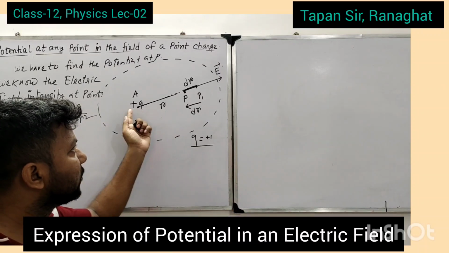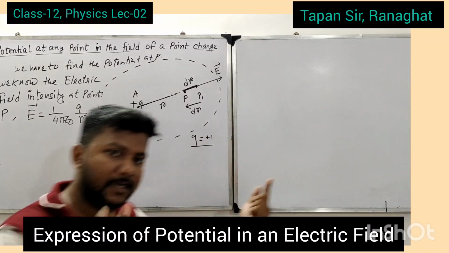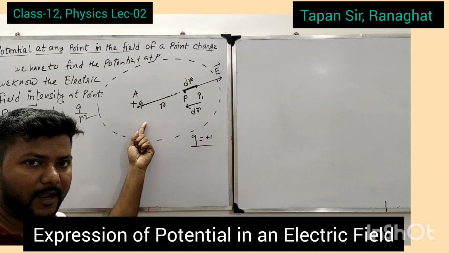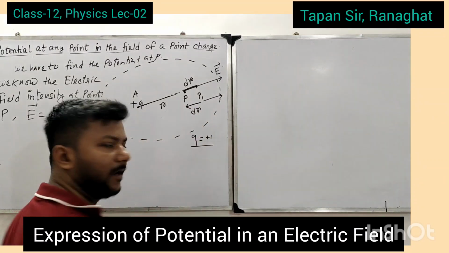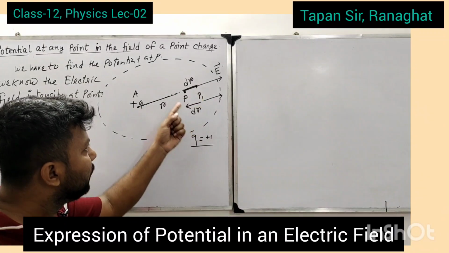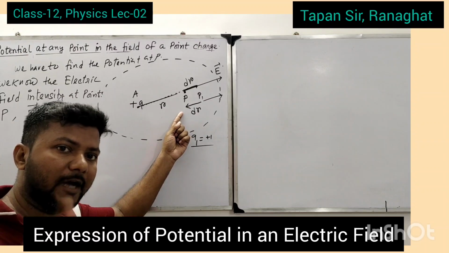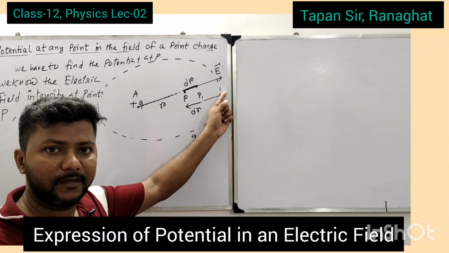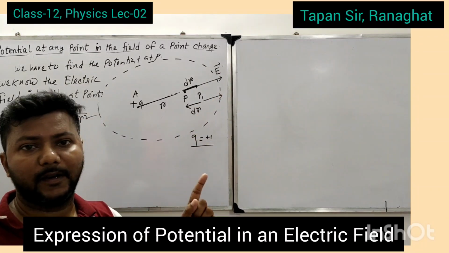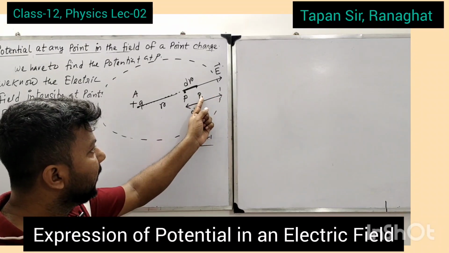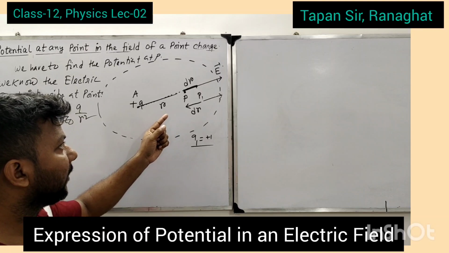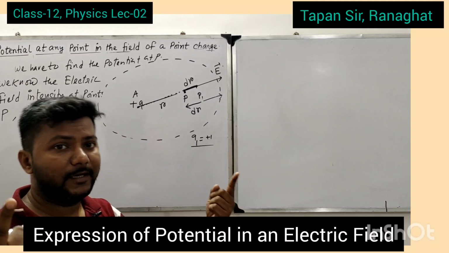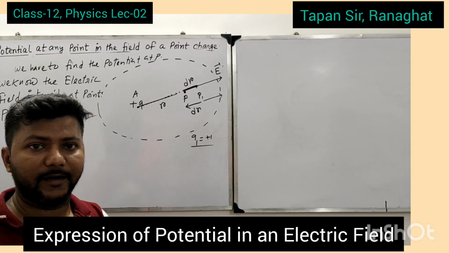Okay, and the direction of the force is here. So P1 से P में चार्ज आने के लिए, इस फोर्स के अगेंस्ट में वर्क डन करना पड़ेगा. ठीक है, so against the force we need the work done.